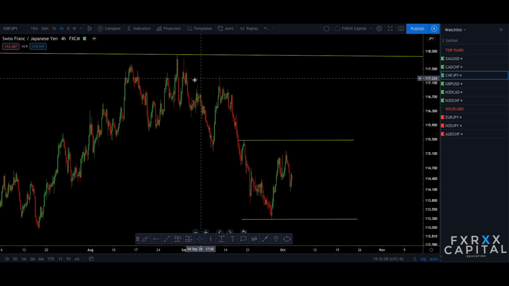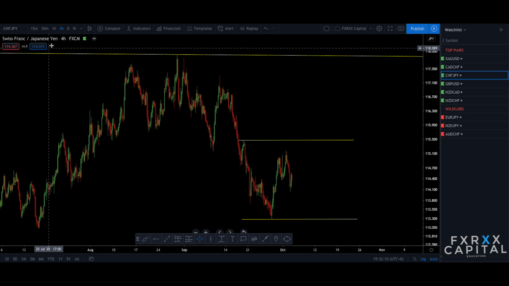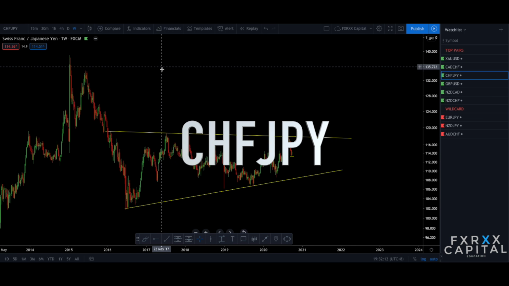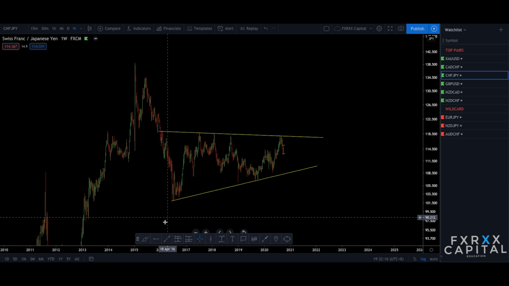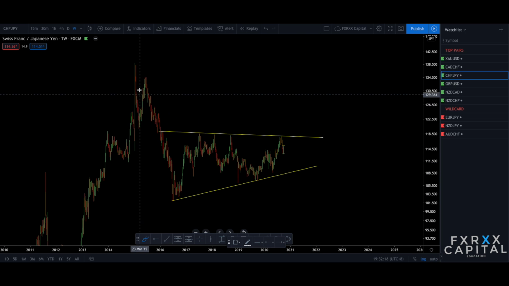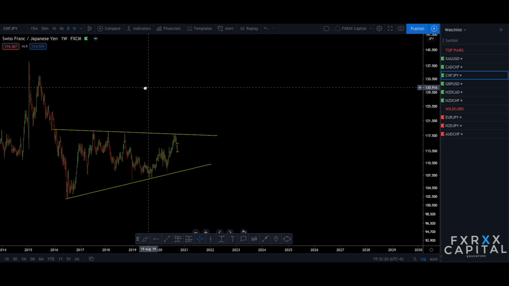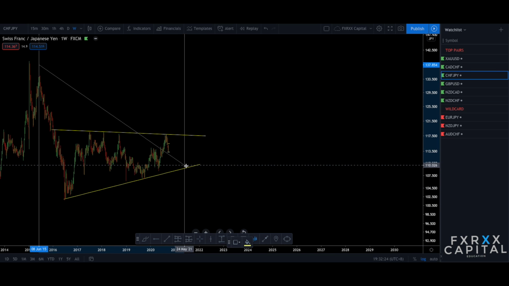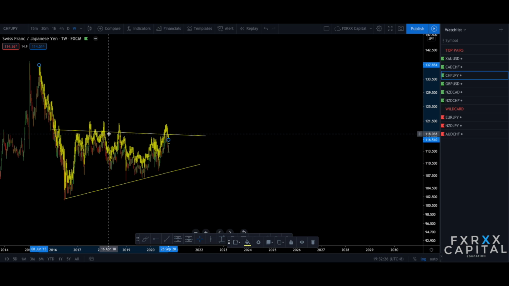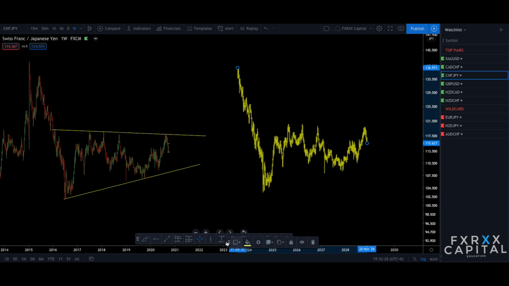The third pair is Swiss franc Japanese yen. We start on the high time frame. If you learn the structure, let's study what the market will offer us.